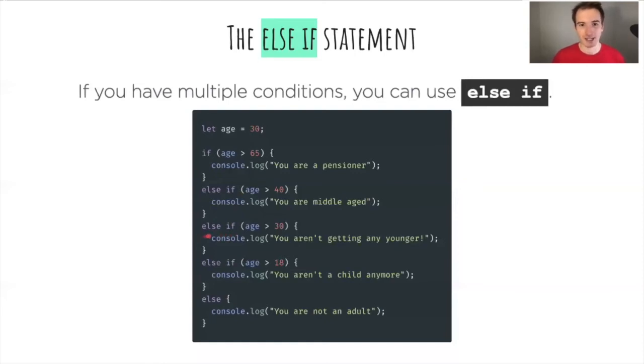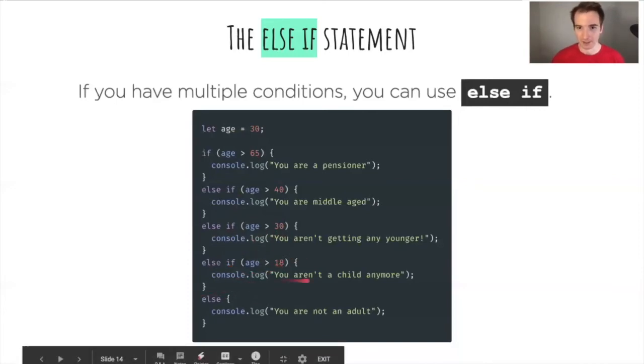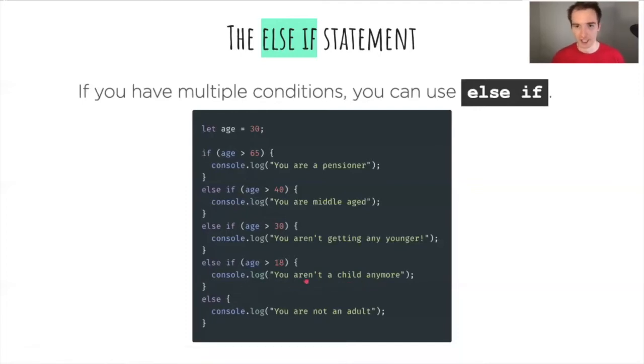Then we're checking, okay, is your age greater than 30? This is also false, because 30 is not greater than 30, it's greater than or equal to 30. So then we go to this one, and it checks, okay, is the age greater than 18? And this ends up being true, so we execute this block of code here. So we get this console log of you aren't a child anymore.